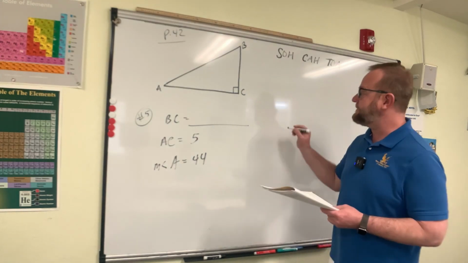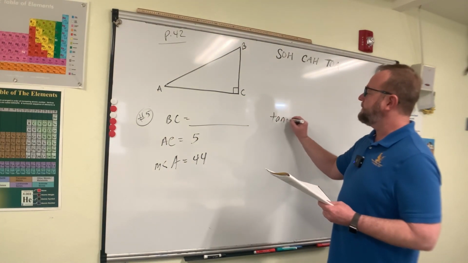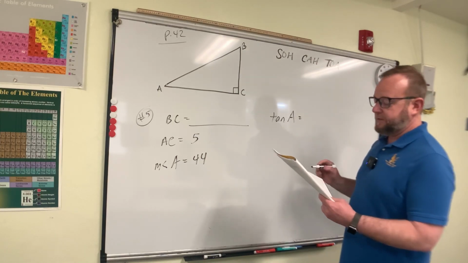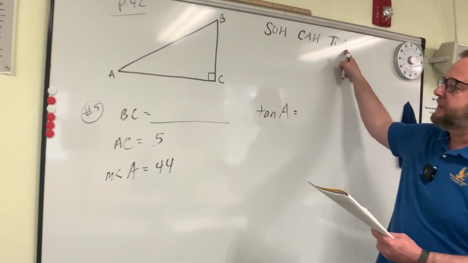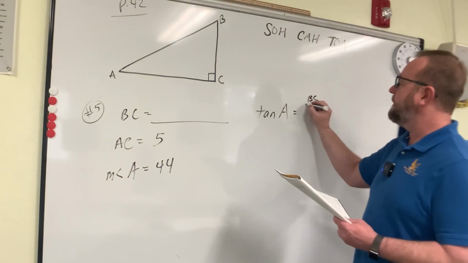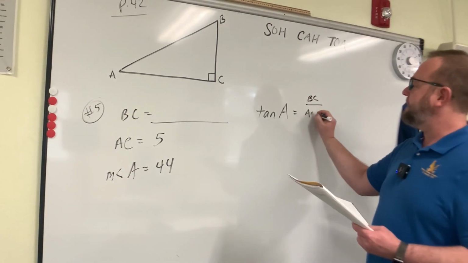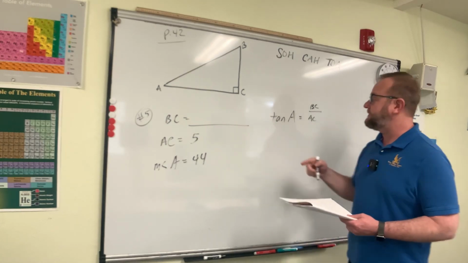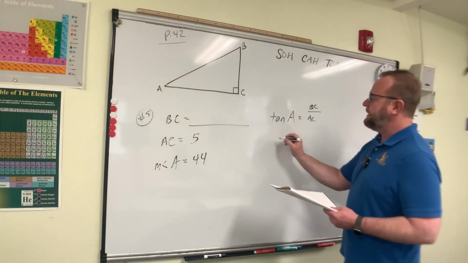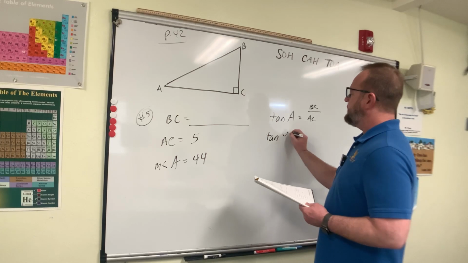It would be tangent. So tangent of A is equal to the opposite over the adjacent. What's the opposite? That's BC, over adjacent, that's AC. I know AC, and BC is what I'm trying to find, so this is working out pretty good. So then I'm going to need to find tangent of 44.